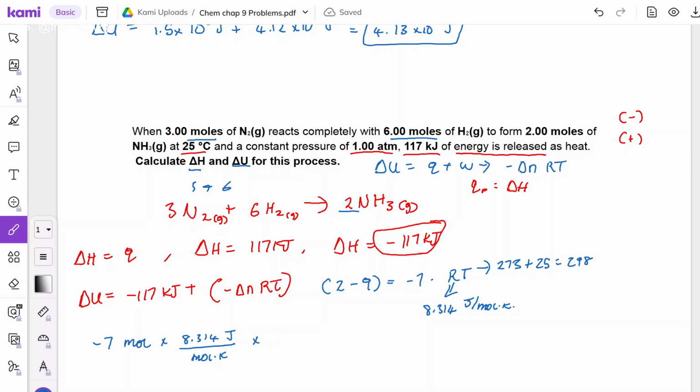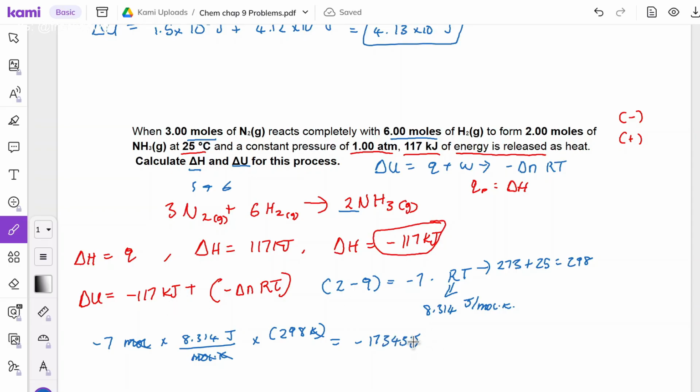We add that to this equation, 298 K. If you notice, the Kelvin cancel out, the moles cancel out, and you're left with just joules. And when you plug this into the calculator, you get -17343 joules.